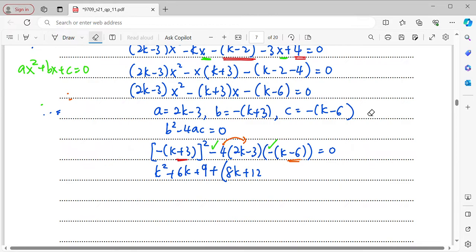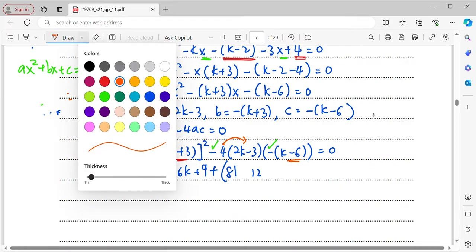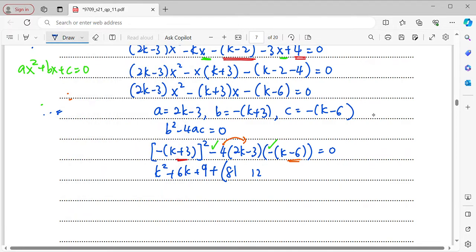So here is going to be minus. Equals to 0. Now I will do expansion for the bracket.